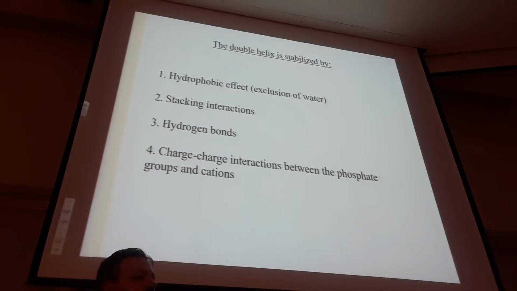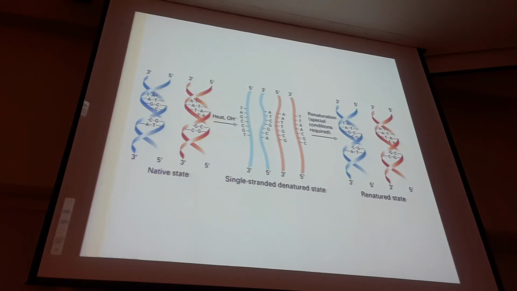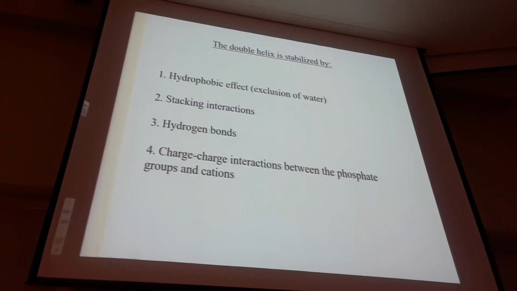But this double strand is actually stabilized, here we see it, by a number of forces or factors or effects, the most important being the hydrophobic effect, which is based on the exclusion of water from the interior, so to minimize the interaction of our hydrophobic nitrogenous bases with the aqueous environment.